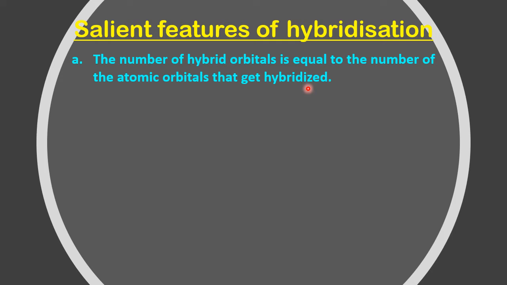If four atomic orbitals are ready for the hybridization, then after the hybridization, four hybrid orbitals are formed. That means the number of atomic orbitals that take part in the hybridization is equal to the number of hybrid orbitals formed. Okay.